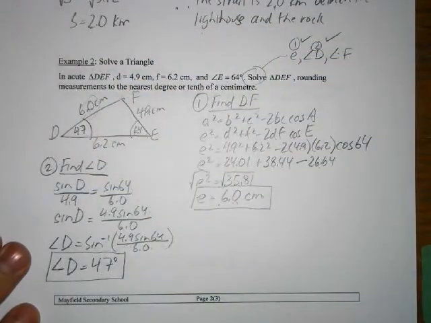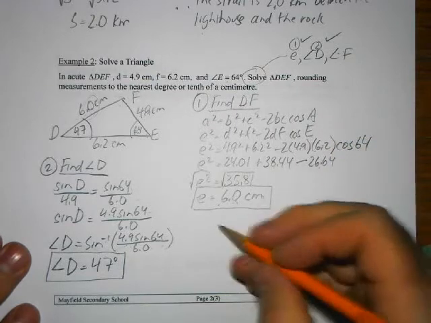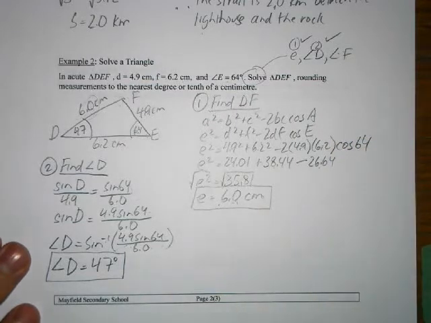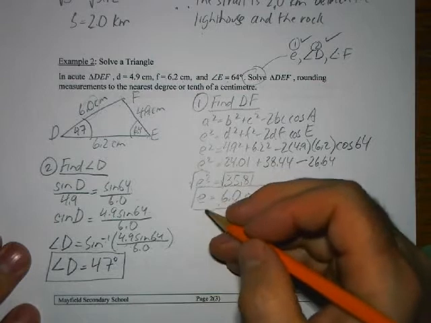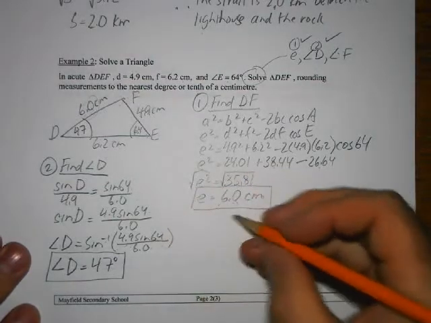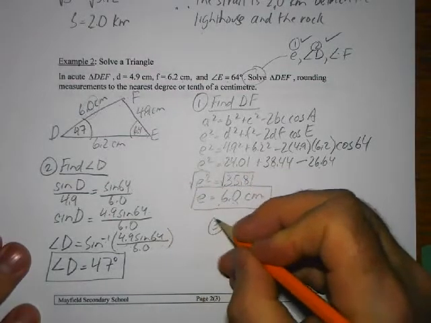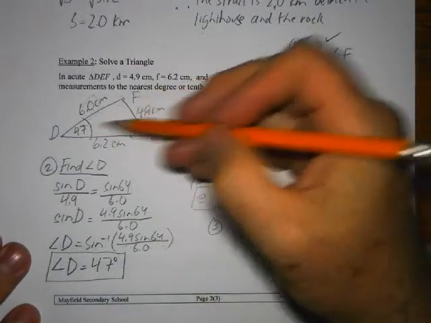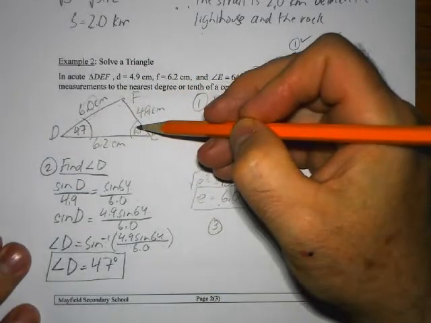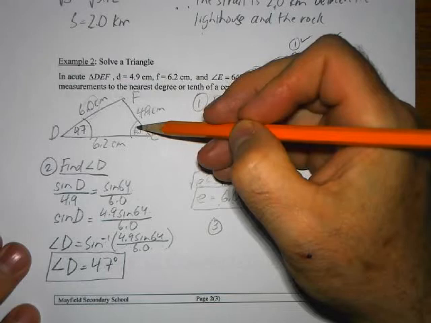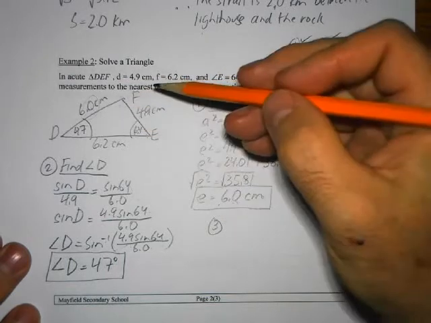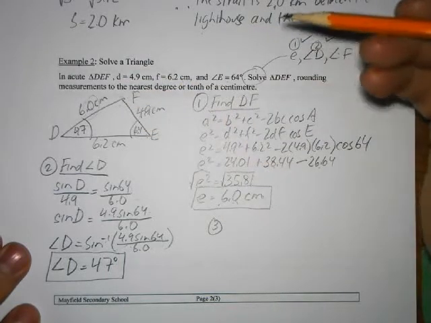Okay, now the last piece is this angle F. Now hopefully I don't want you just blindly thinking you've got to use sine law, cosine law all the time, because at this point we know two of the three angles. Okay, and remember on the first page I talked about the tools you can use for a non-right triangle. There's sine law, cosine law, and the 180 rule.